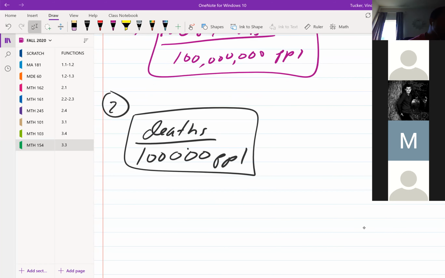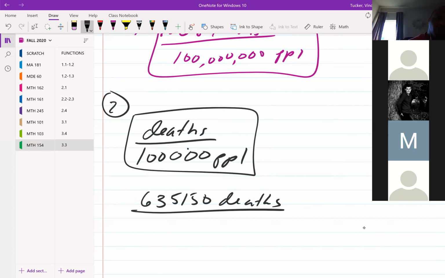They give us 635,150 deaths, and the population, 391 million. So now, as far as converting this to 100,000 people, I need a conversion factor.